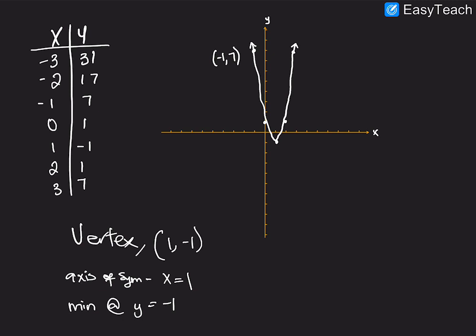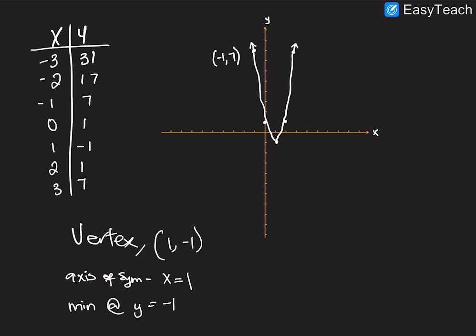But labeling is an assurance, especially when we get into questions where we have to turn graphs back into equations, right? So when you're given a graph to turn into an equation, points that are clearly labeled make it so much easier to do.